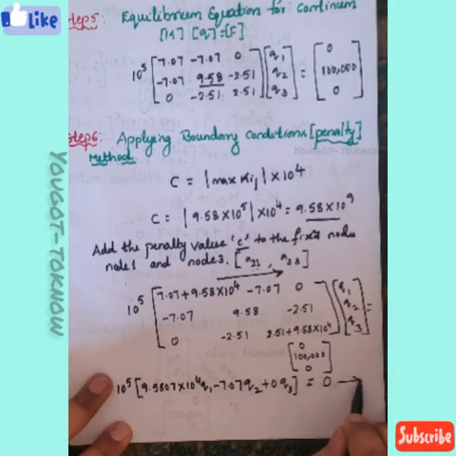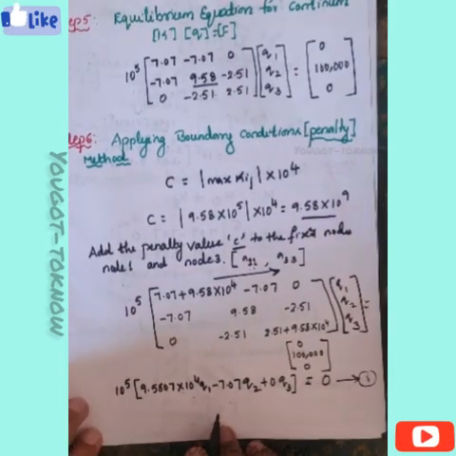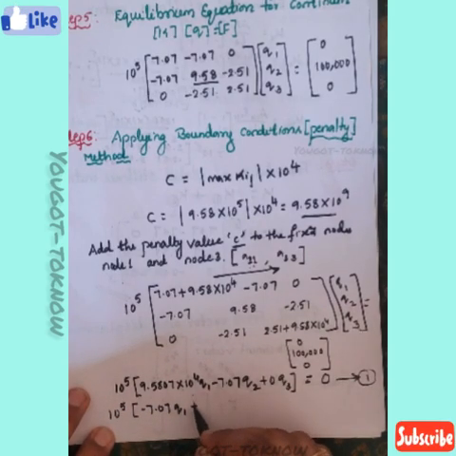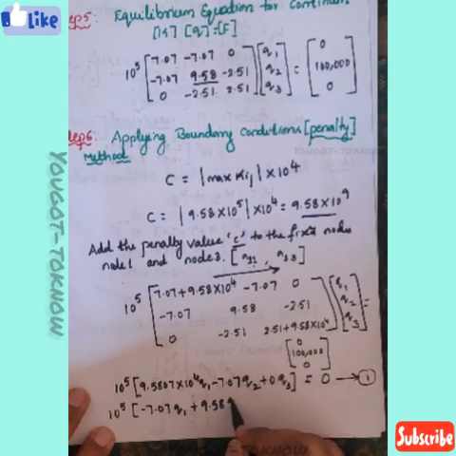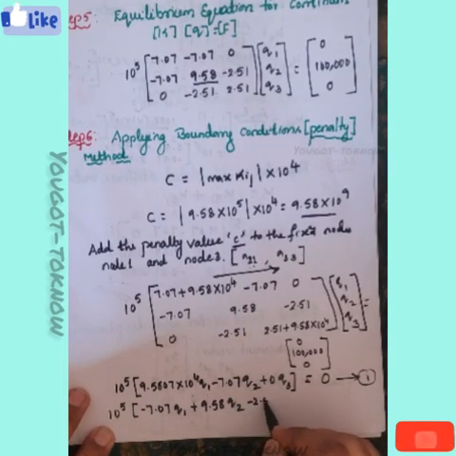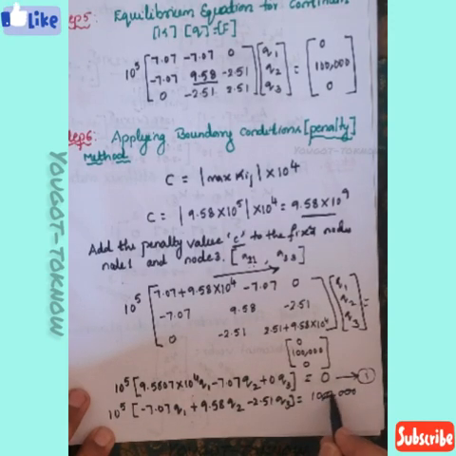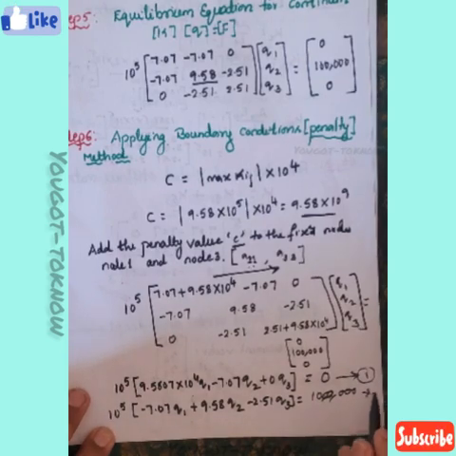This is my first equation. Similarly, I'm going to get the next equation: 10 power 5, minus 7.07 into Q1 plus 9.58 into Q2 minus 2.51 into Q3 is equal to 100 kilonewton. Okay, this is equation number 2.